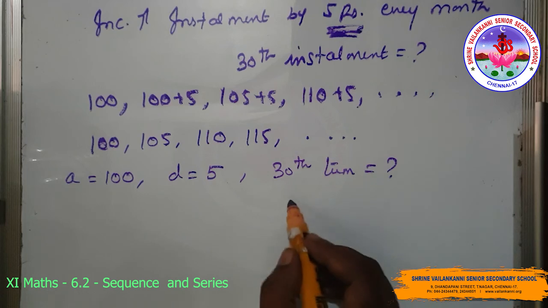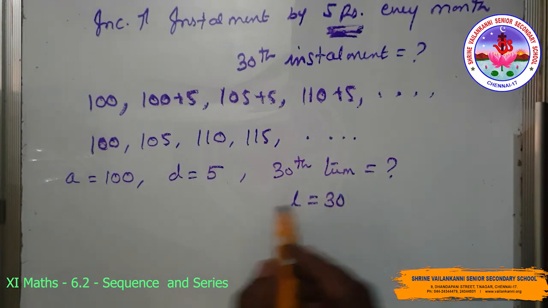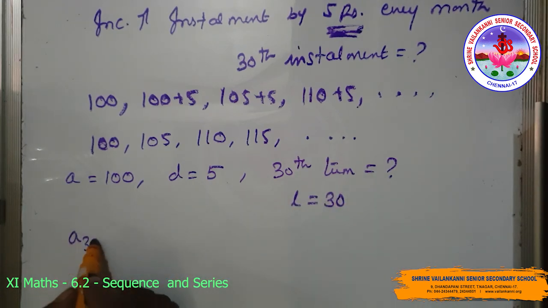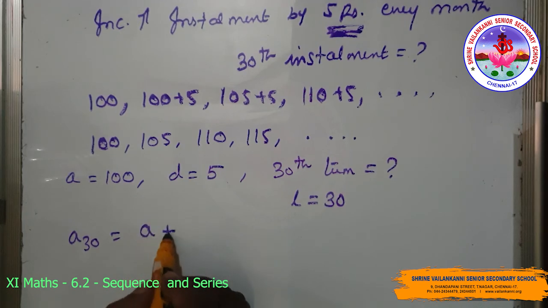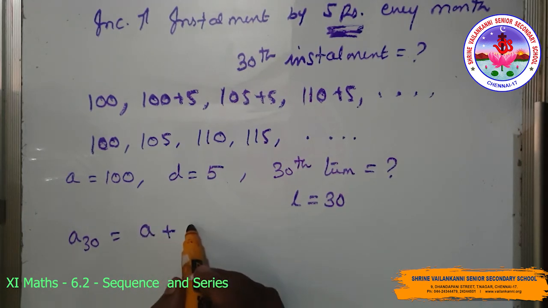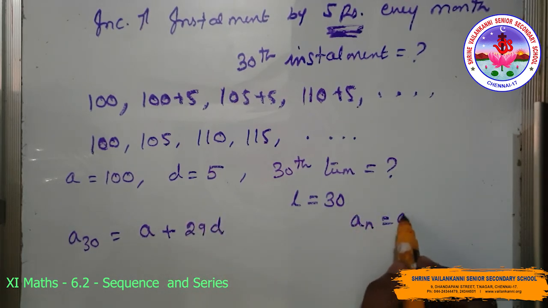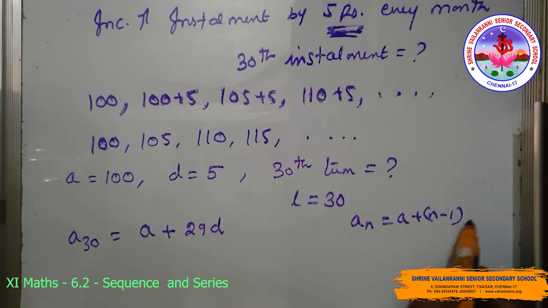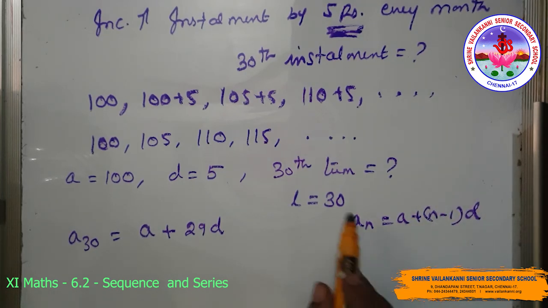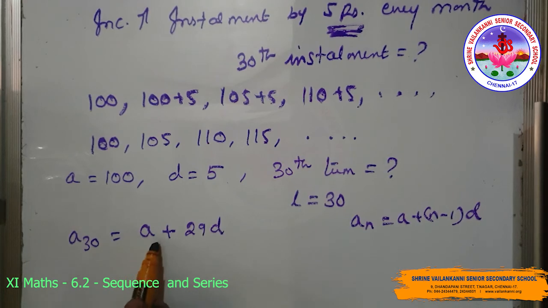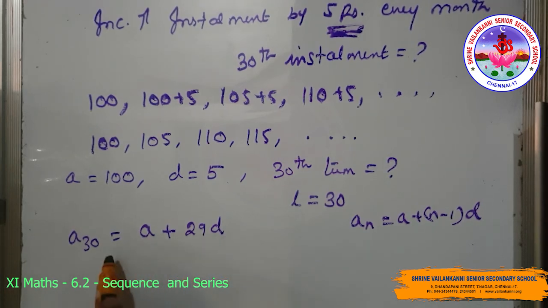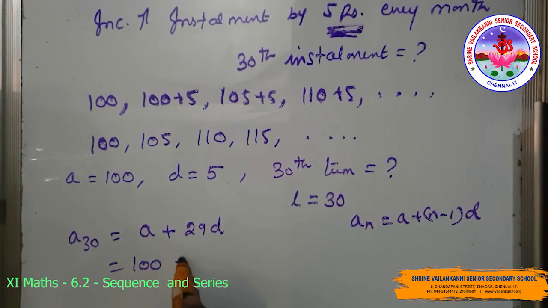So n is 30. So A30 is equal to A plus 30 minus 1 into D, that is 29 into D. So the formula is A_n equal to A plus n minus 1 into D. Here n is 30. So A30 is A plus 29 into D. So A is 100 and D is 5.